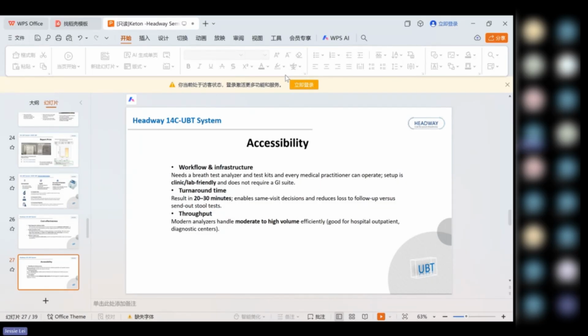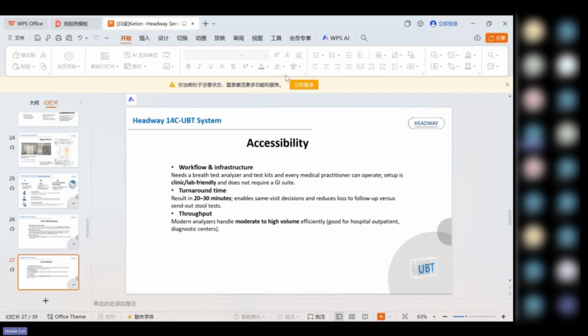There are 3 points to evaluate the accessibility of a urea breath test. First, the infrastructure. It just needs a breath test analyzer and a test kit, and every medical practitioner can operate it. The setup is a clinic or laboratory.